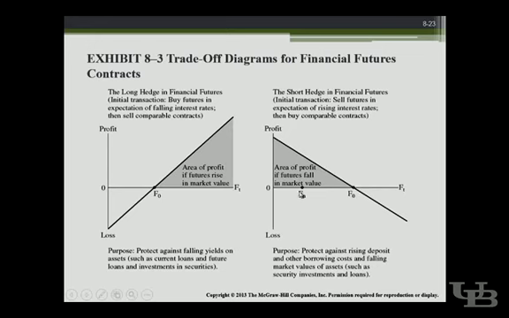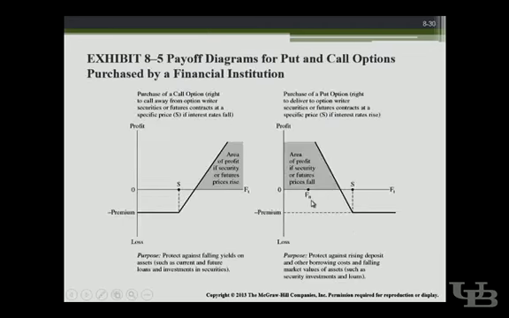And as the values fall, there is a profit, because they sold it at a high price and buy it at a lower price. You'll see the same for the options. The profit is rising. This is the strike price. This is the price that they expect to sell it for. As interest rates rise, securities prices fall. And as securities prices fall, the profit rises.